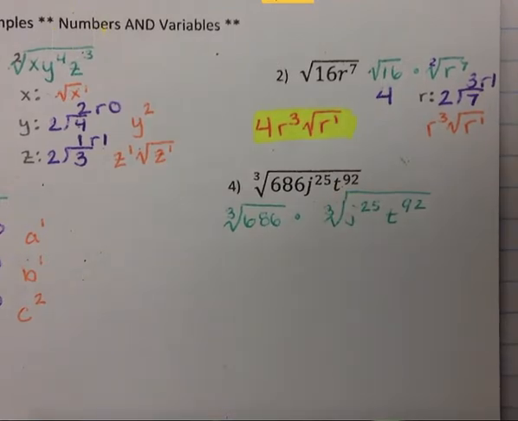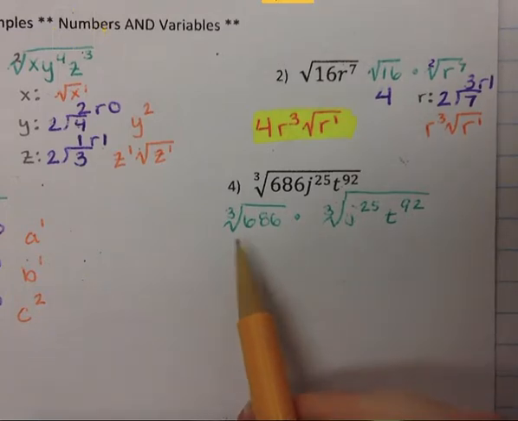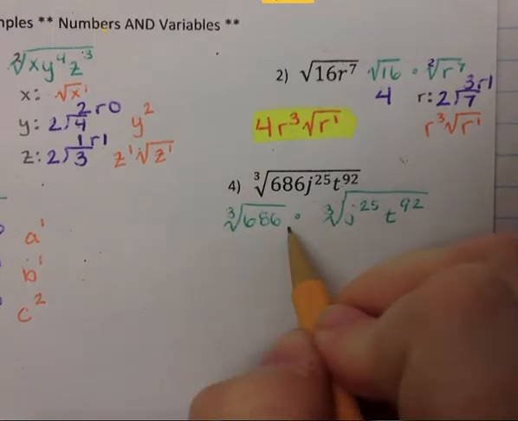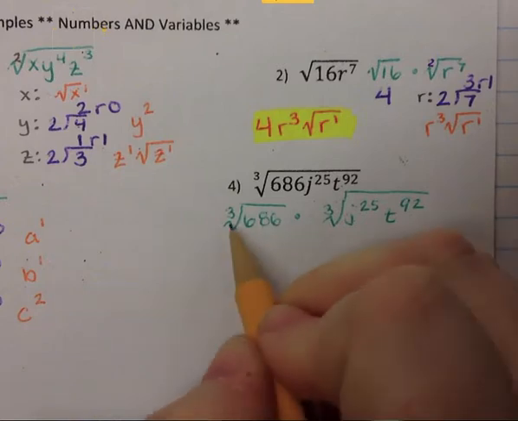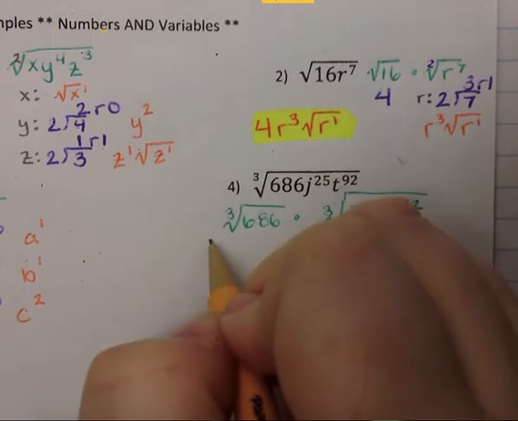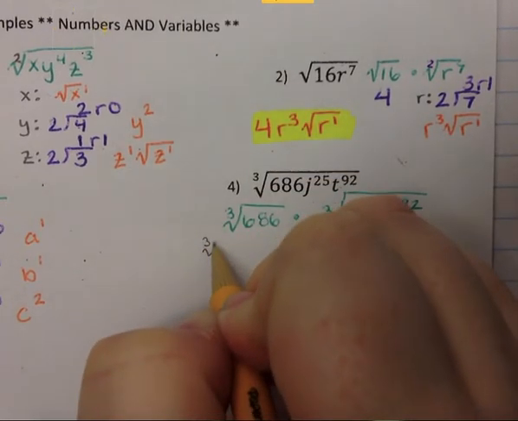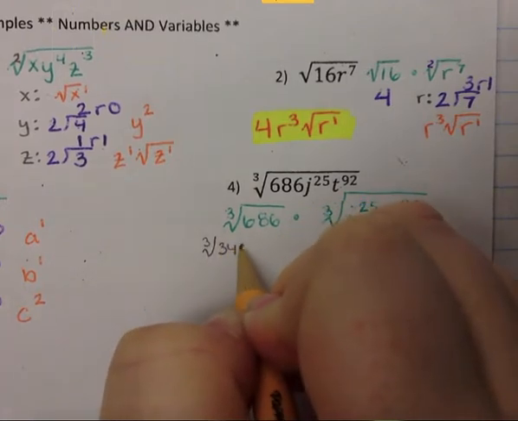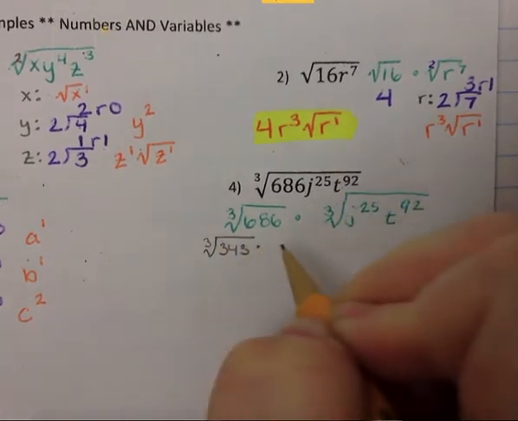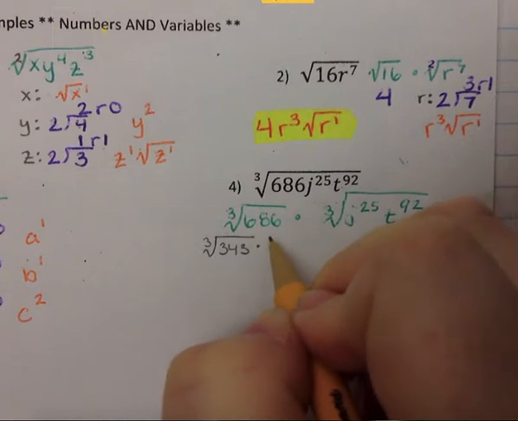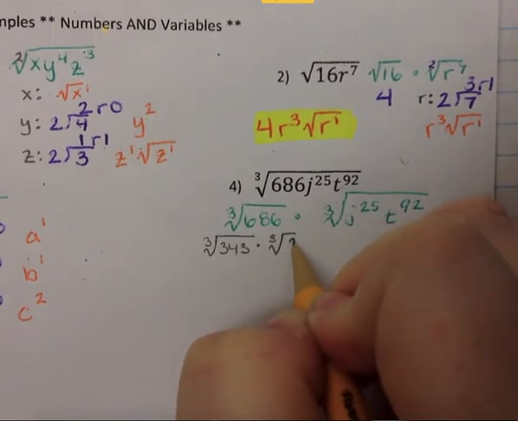So looking at our numbers first, we want a cube root. The cube root of 686, so we look for the biggest perfect cube that goes into 686. This would be the cube root of 343 times the cube root of 2.